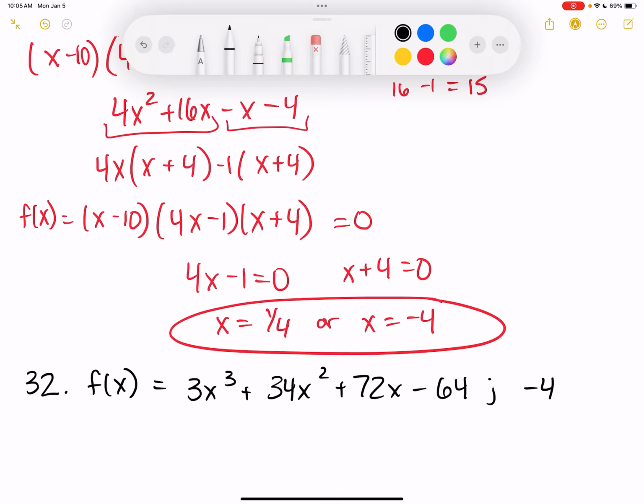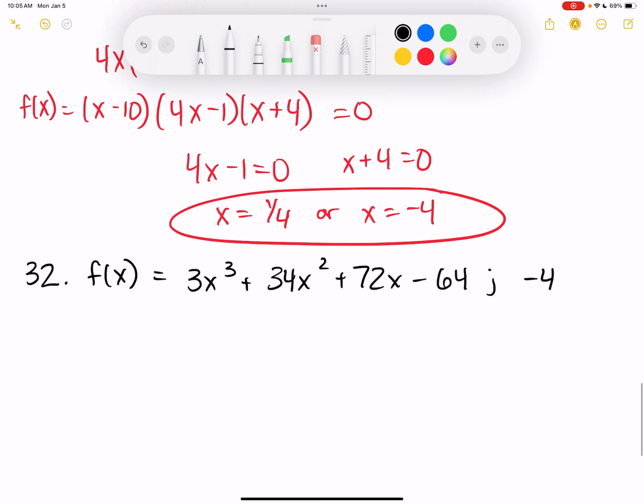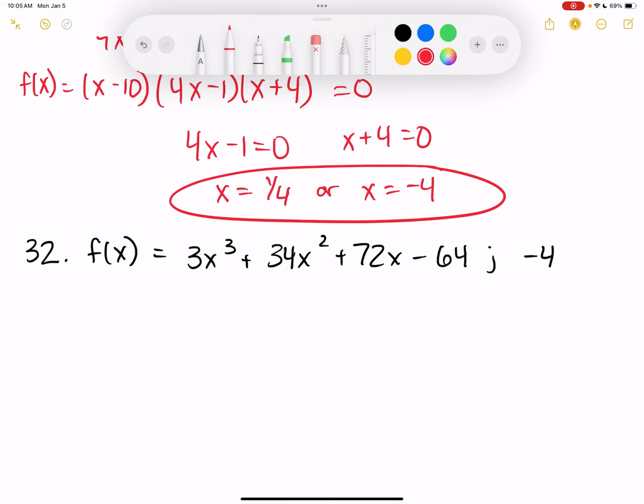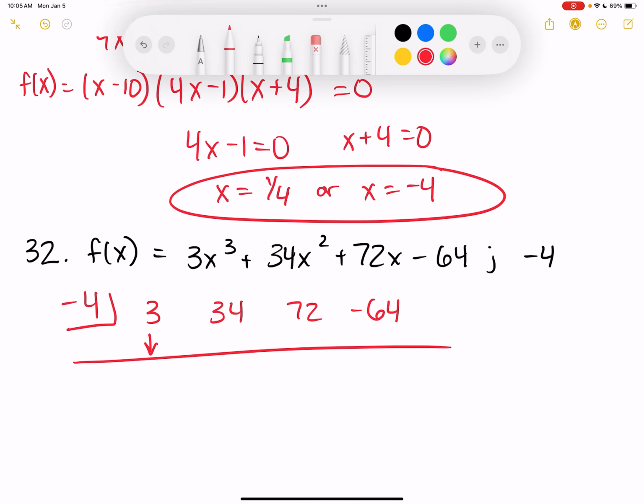So, all right, this is one of my zeros, so I do not change the sign, so negative 4 in the box. No missing terms, so I've got 3, 34, 72, and negative 64. Bring down the 3. Times negative 4 is negative 12. Plus 34 is 22.